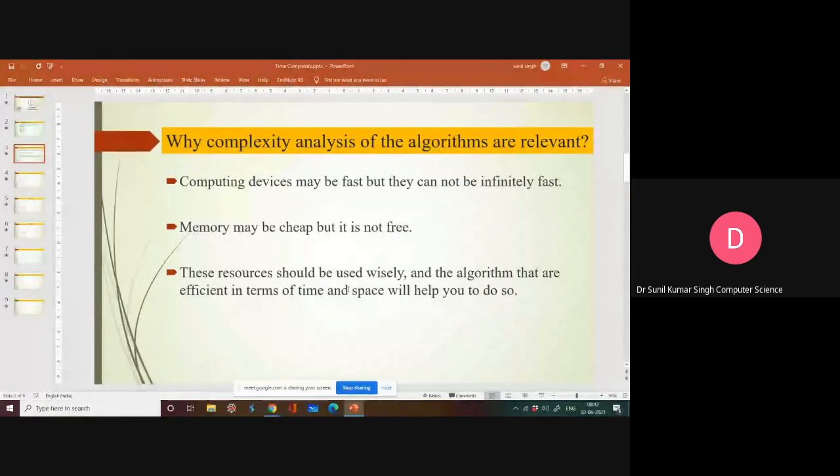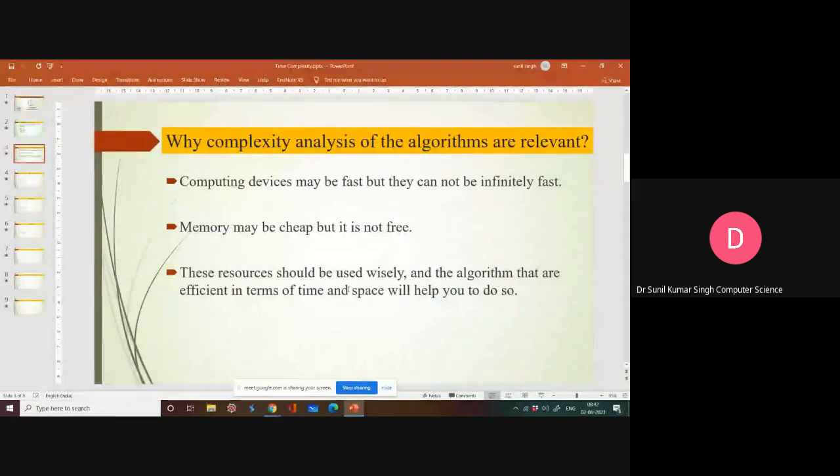If you are thinking, why worry about the complexity of the algorithm, because maybe after spending some extra money we will get a high computing power device and a huge amount of memory to store. But my dear friends, let me tell you, computing devices may be fast, but they cannot be infinitely fast.